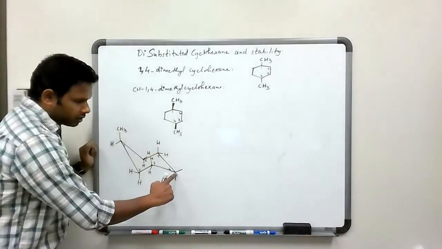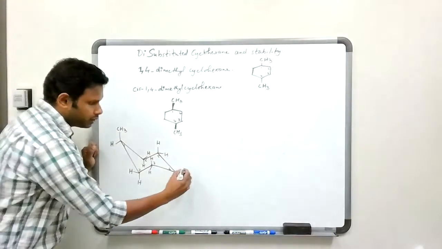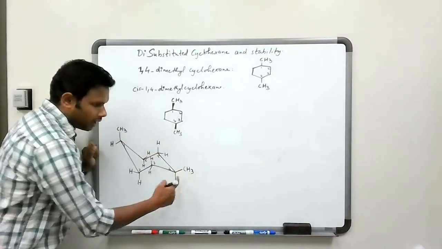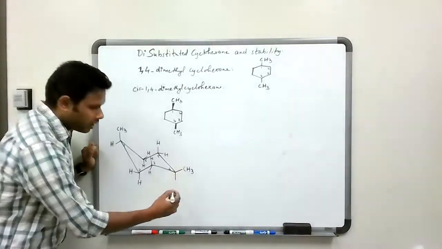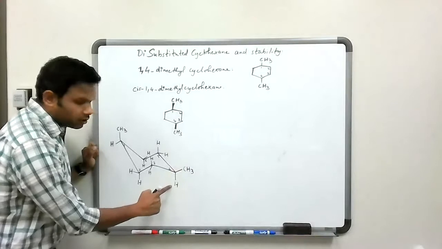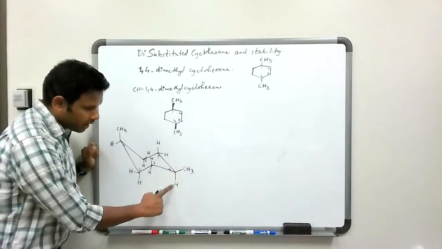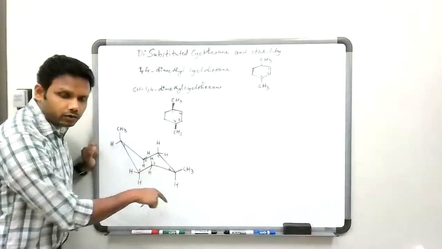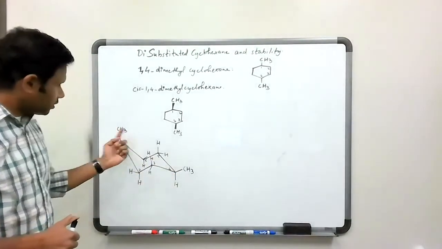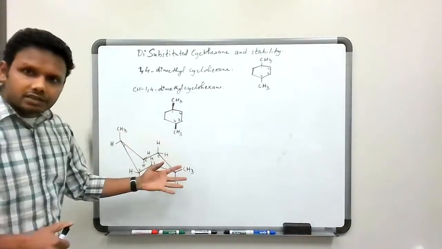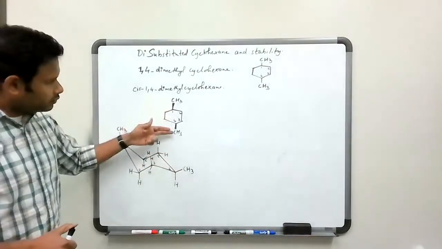So on carbon number 4, I'm going to put the methyl group in the equatorial position, because that's the position that's pointing up on carbon number 4, okay? Because axial here points down.